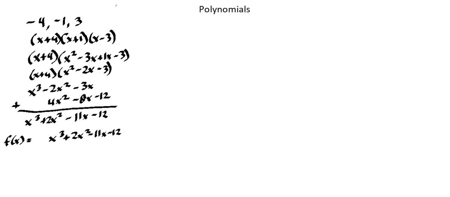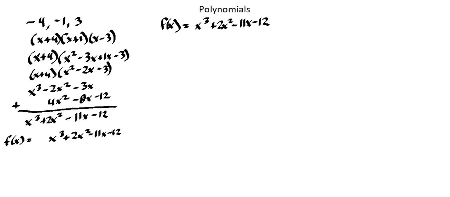Now let's work the other direction. Let's start with the function that we've created. Let's say that instead of being given the zeros, we're given the function x cubed plus 2x squared minus 11x minus 12, and we're asked to find the zeros. Well, we can start by observing the constant term at the end, -12.